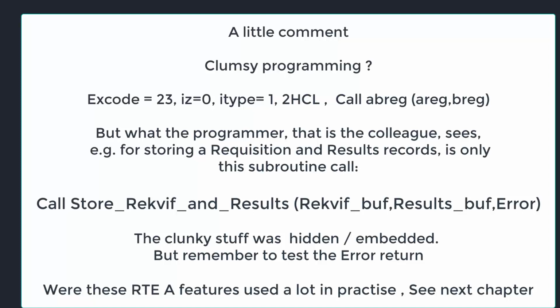And then 2 buffers and an error parameter. The clumsy stuff was hidden, embedded, but of course, remember to test the error return. But this facility in the RTE about program-to-program communication, has it really been used in practice? It has. But that is the next chapter.